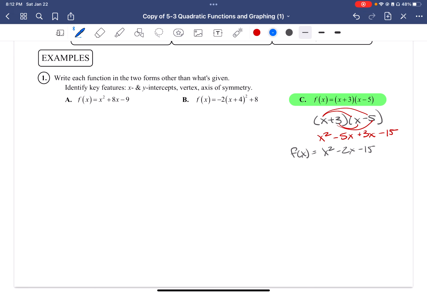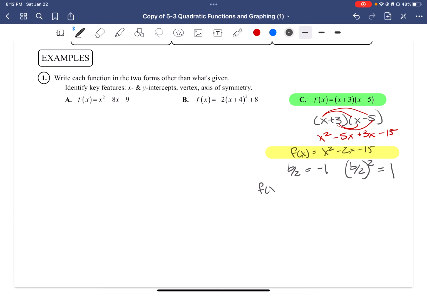All right, so this is now in polynomial form. And now that we're in polynomial form, we can go to vertex form. And again, the way we do that is by completing the square. So we're going to find half of b. Our b is -2, so half of that is -1. And then the square of our half is -1 squared, or -1 times -1, which is +1.